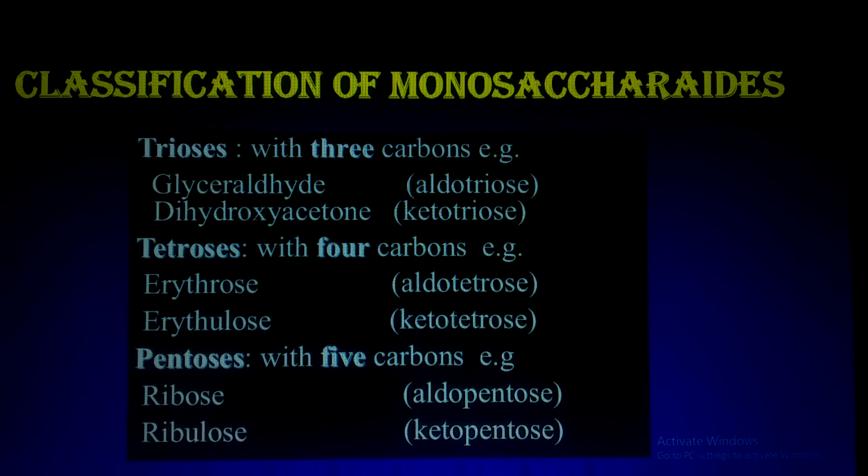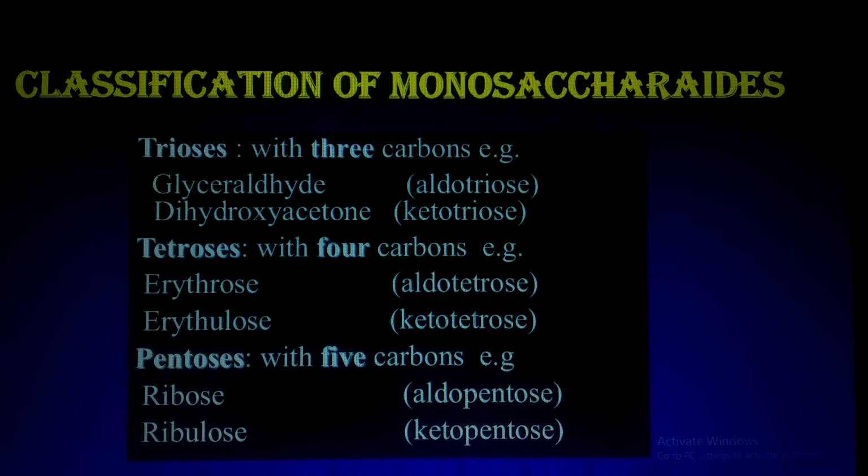Now the classification of monosaccharides. Monosaccharides are further classified into trioses, tetroses, pentoses, hexoses. Is it clear? Trioses have 3 carbons, like glyceraldehyde. This is the 3 carbon. Dihydroxyacetone is also 3 carbon.